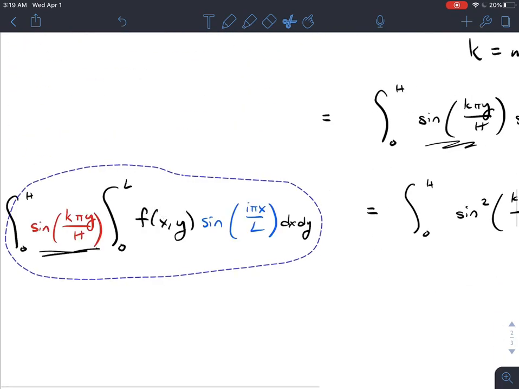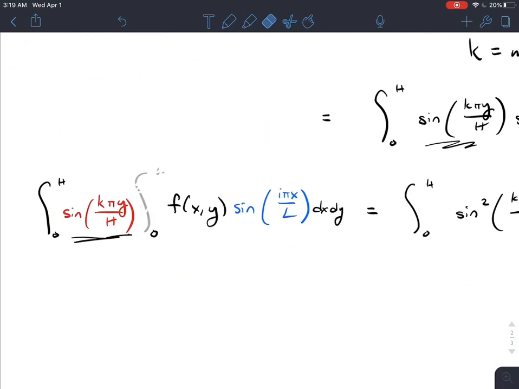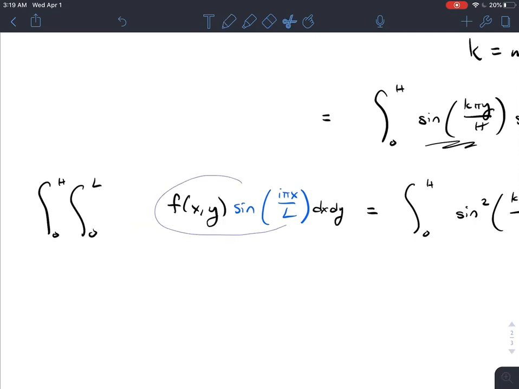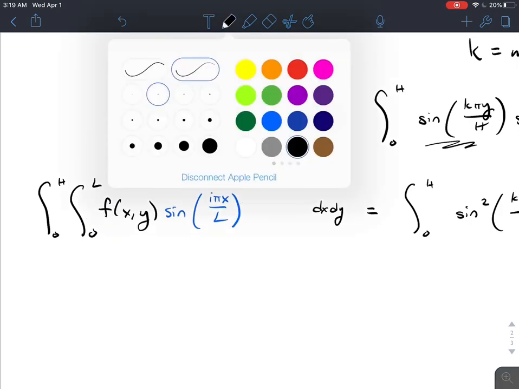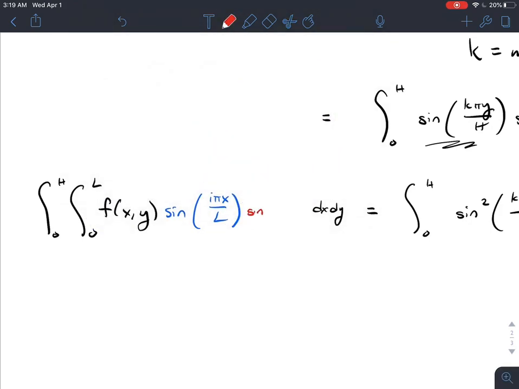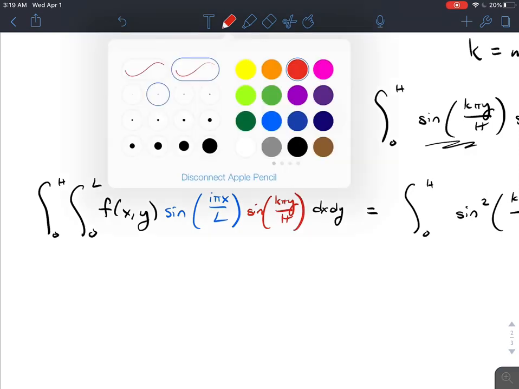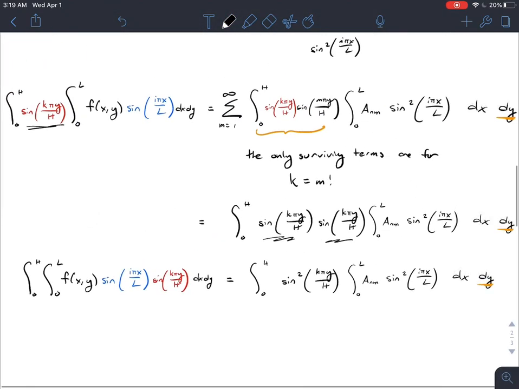So the integral won't change at all. So what I'm saying here is that I can essentially just do this. Move 0 to L, so I'm still integrating with respect to x, and then sine k pi y over h, and that integral is still equivalent to the one I had above here. Equivalent.